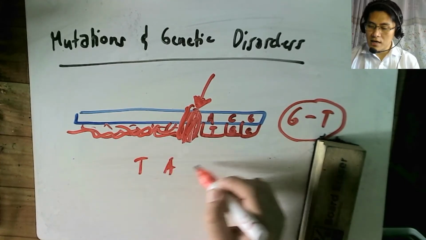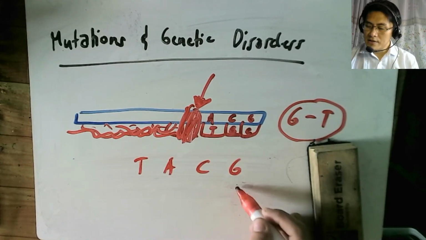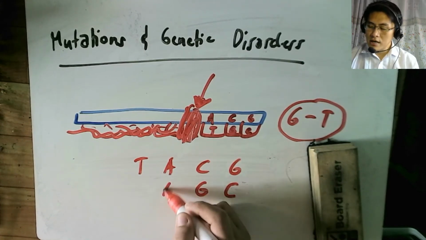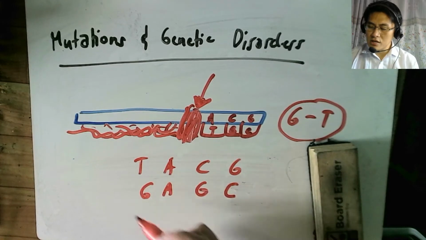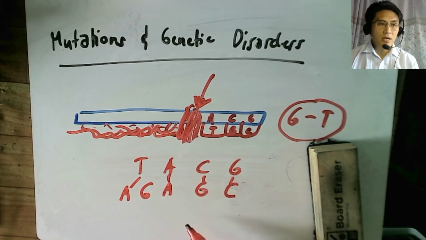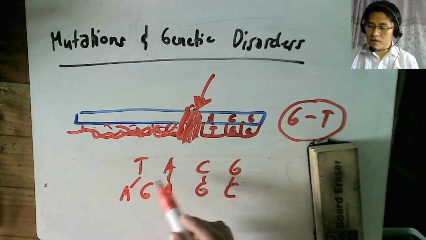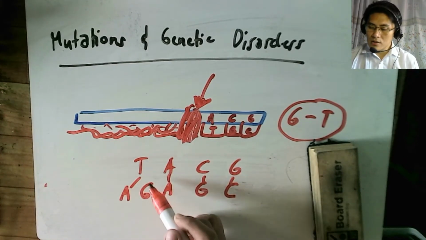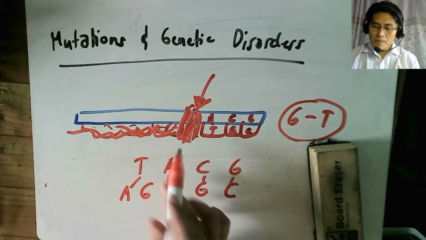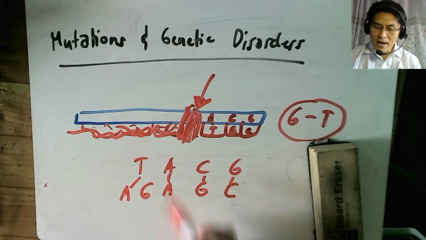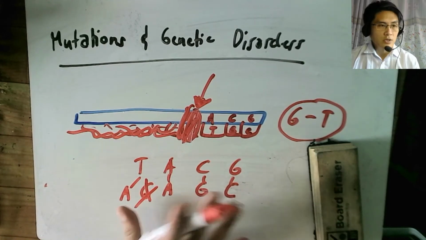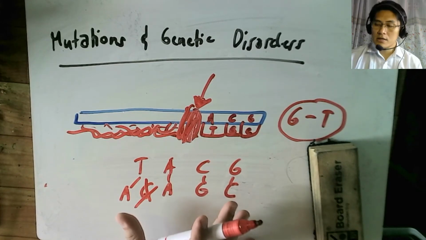Meaning you have T, A, C, G, for example, and then this base pairs with C, and then G, and then A, and then for some reason there's a G here, and then there's an A, and then again this bonds together. When the enzymes check it, they say, "Oops, there's something wrong here. There's no base pairing here." So the correct way would have been to erase this. If you erase that, then you go back to the original setup.